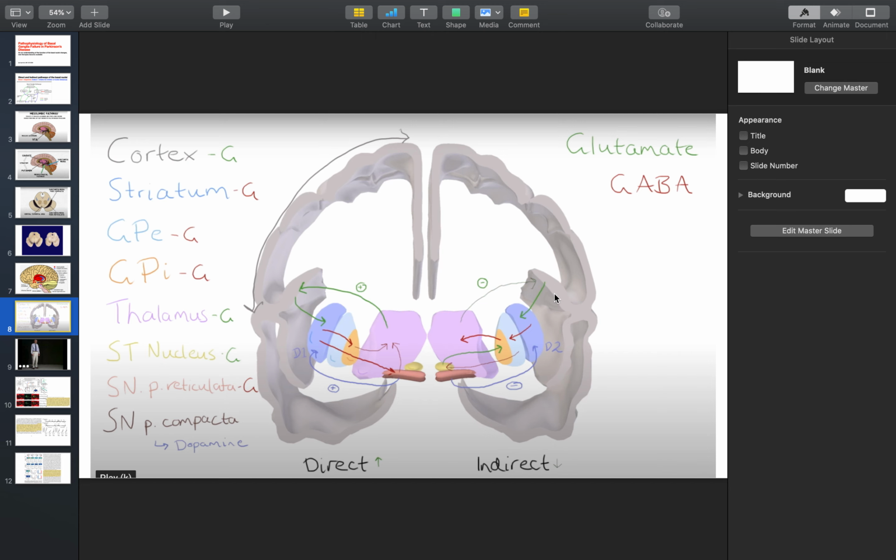Now, the indirect pathway: the motor cortex or the cerebral cortex, gray matter, still sends glutamate to the caudate here, right? But the indirect pathway has the substantia nigra send D2 receptors.